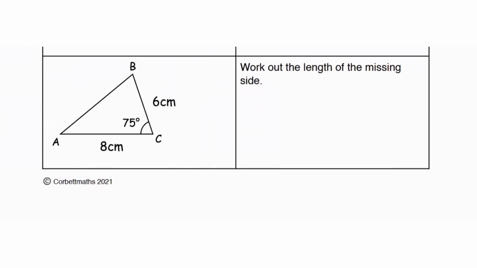Work out the length of the missing side. So what we will do is, since we have two lengths and the angle between them, we will apply the cosine rule. So AB squared equals 6 squared plus 8 squared minus 2 times 6 times 8 times cos of 75. So we solve this.